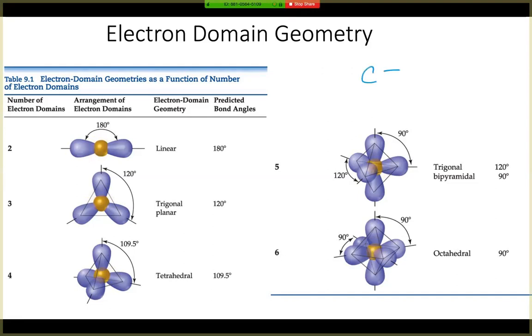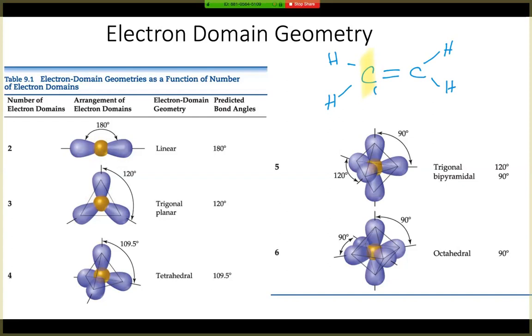Sometimes you might get something like ethene, which I just drew on the screen, where there really isn't a center atom. If you come across something like this in the worksheet, you ask yourself the question, if I sat on carbon number 1, what is my electron geometry?